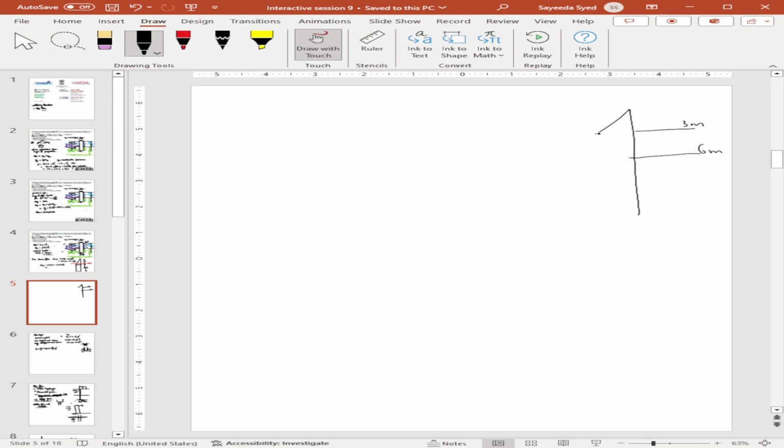Then this portion will be K2, gamma 2 dash, H3. And then we will have this as the summation of these three, if it makes sense.